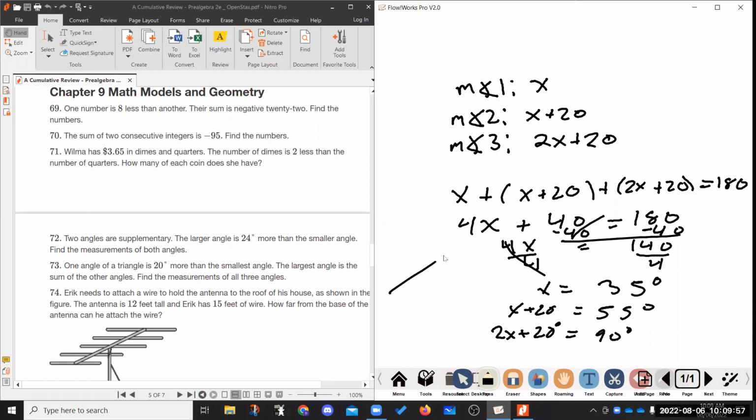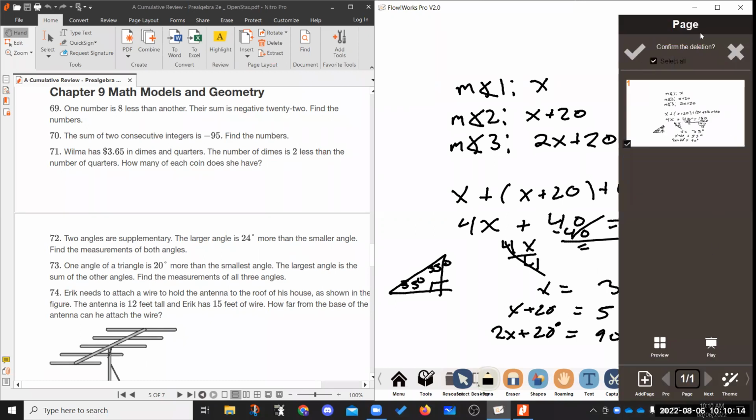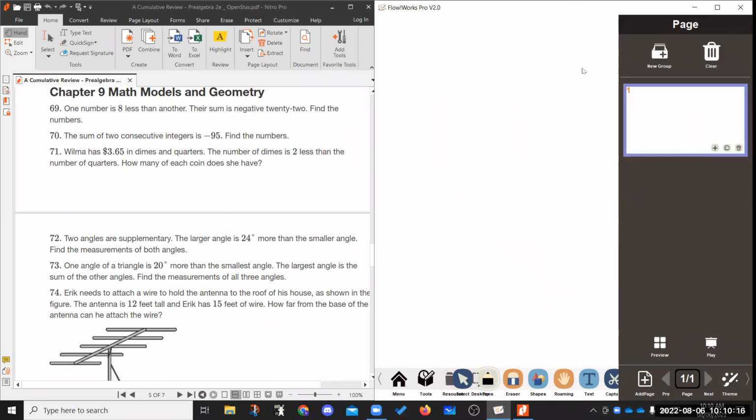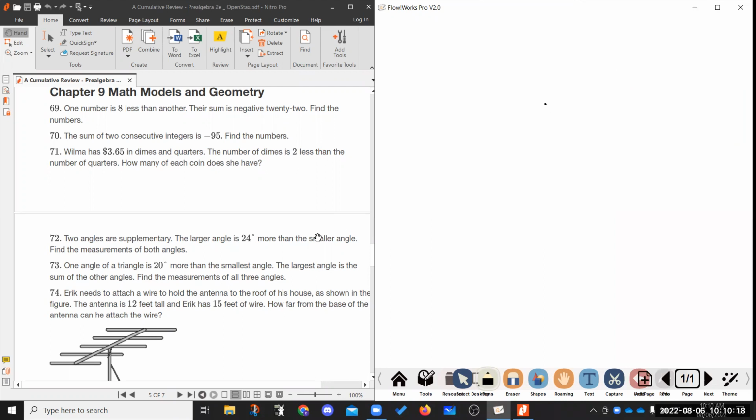So we have a right triangle here, an angle that's 90 degrees. The small angle is 35 degrees and the big angle is 55 degrees. All right.